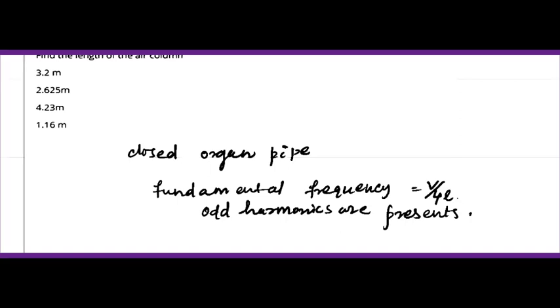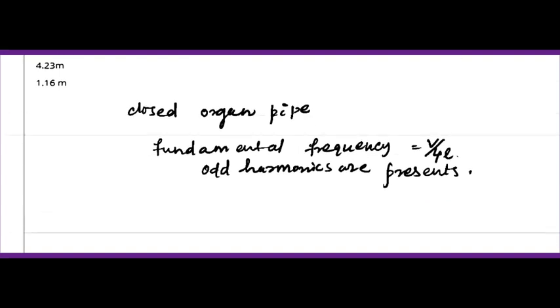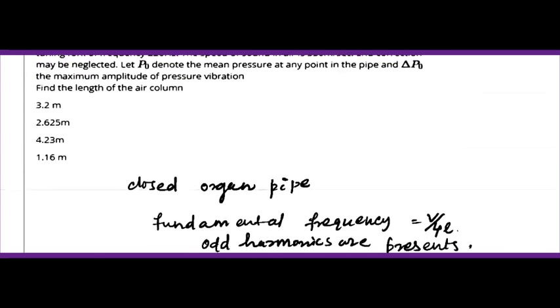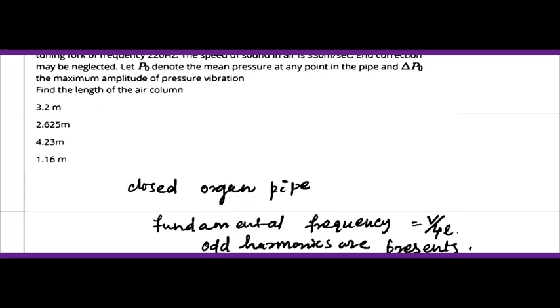So the second overtone will mean the fifth harmonic. Here the first one is the fundamental frequency, then the first overtone, then second overtone. So second overtone means the fifth harmonic. The question says that the speed of sound in air is this, and P0 denotes the mean pressure at any point, and it is said that it vibrates in its third overtone by tuning fork.